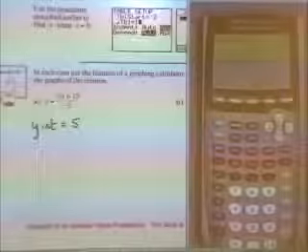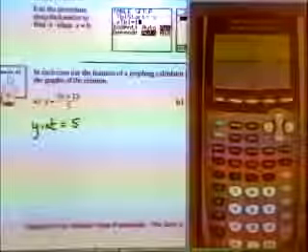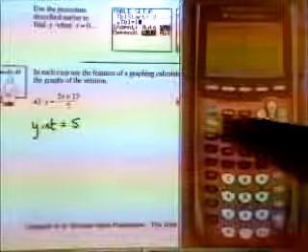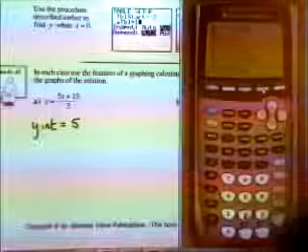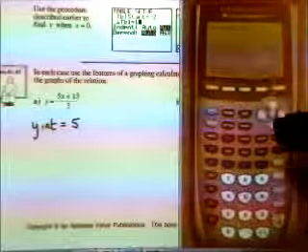To find my x-intercept, second, calc, and which choice do I use? The 0, so choice number 2. Now left bound means I have to be on the left side of this x-intercept, which means I need to be into the negative y values. That's the left side. I press enter and the arrow appears.